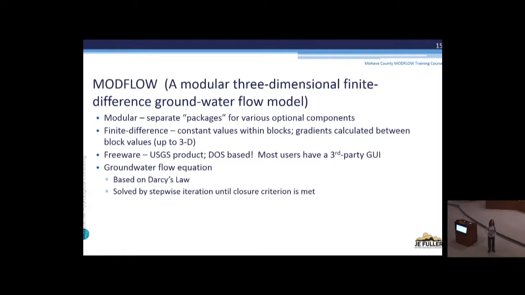So I say, I want you to keep solving until we have a mass balance within 1% for the total model, or until there's no head change greater than 0.5 meters, or whatever your criterion is. And it keeps iterating back and forth until it finds the right distribution of heads, or if you're calibrating, the right distribution of conductivity, transmissivity, or whatever parameter you're trying to solve for.